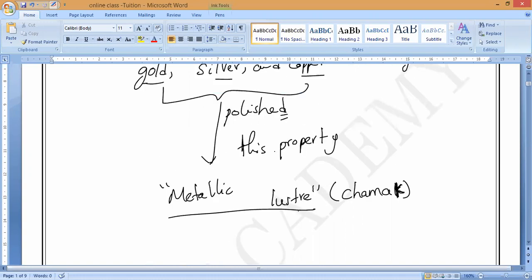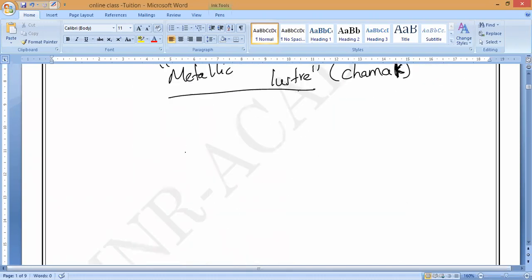Because of this shiny appearance, for example, if we take gold and silver, we use them in manufacturing something. What is that? Anybody? Akhil, Irfan, can you say what we are using them for? To manufacture, because of this shiny appearance. Where do we use gold and silver? Making jewelry.